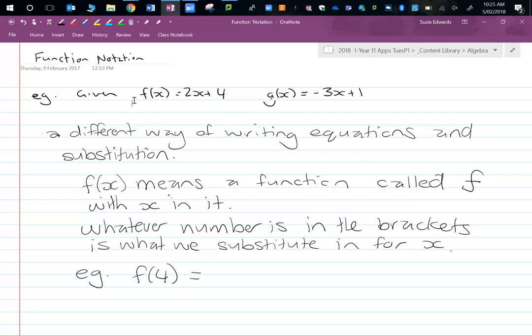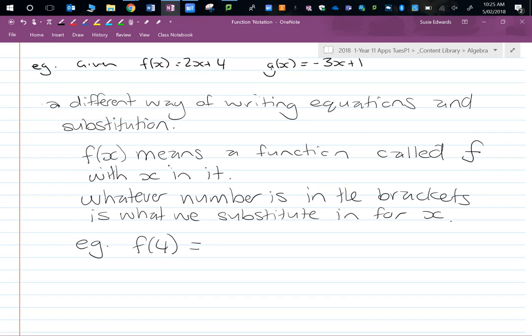So how would I actually answer f of 4? Given f of x equals 2x plus 4, evaluate the function with instead of x, 4. What would I write for my working out? What's the function of f? What's the equation we've used with f labelled as it?